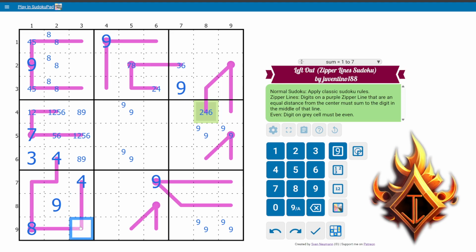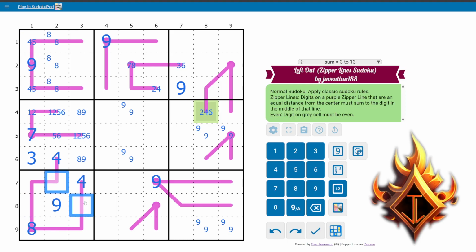3 cannot be here. It cannot be here. So 3 is in one of these spots. And it can't be down here because if this was 3, that would be 5, and it's in this column. Same goes here.